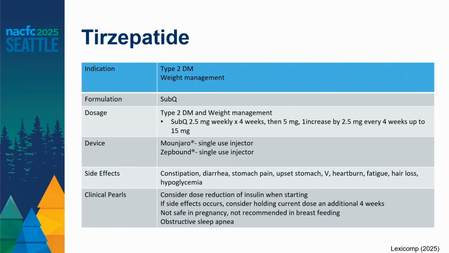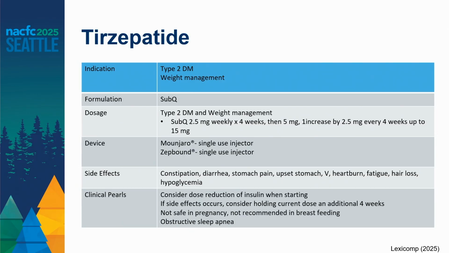Tirzepatide, another medication that falls into this category. This one's great. It can be taken weekly, so it's less dosed, not necessarily from a day-to-day standpoint. What is interesting about this medication, and I don't know how many people take care of adult patients that might have obstructive sleep apnea, is that it just got an FDA approval for OSA as well.